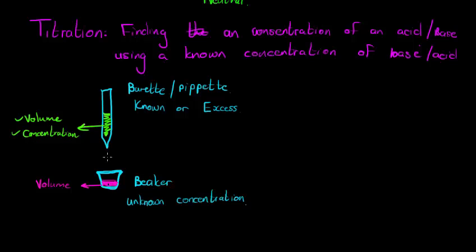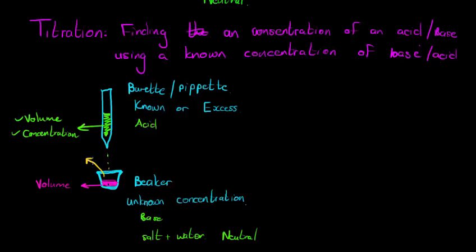And what we will do is we will slowly add drop for drop of this, either acid to a base. And what will it produce when we add an acid to a base? It will produce a salt and water. Now in the end, we want the salt and the water to be neutral. So while we are doing this, we are measuring the pH.